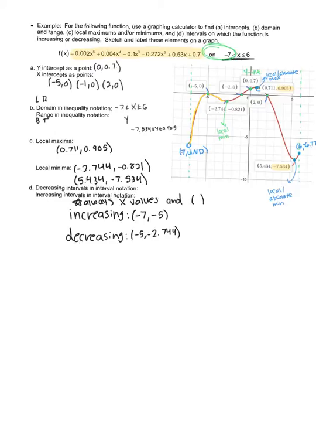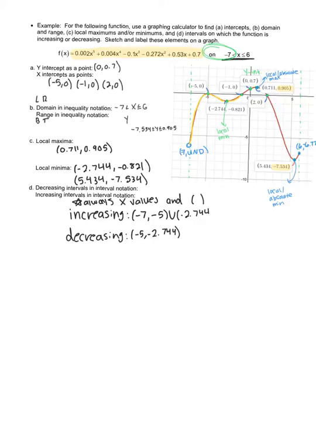Okay, then I'm going to go and increase again. So looking back at your increasing interval, remember when there's a jump in your graph, you have to put a U. So I'm going to put that U for union, and I'm going to go from my previous x value, which was the -2.744.